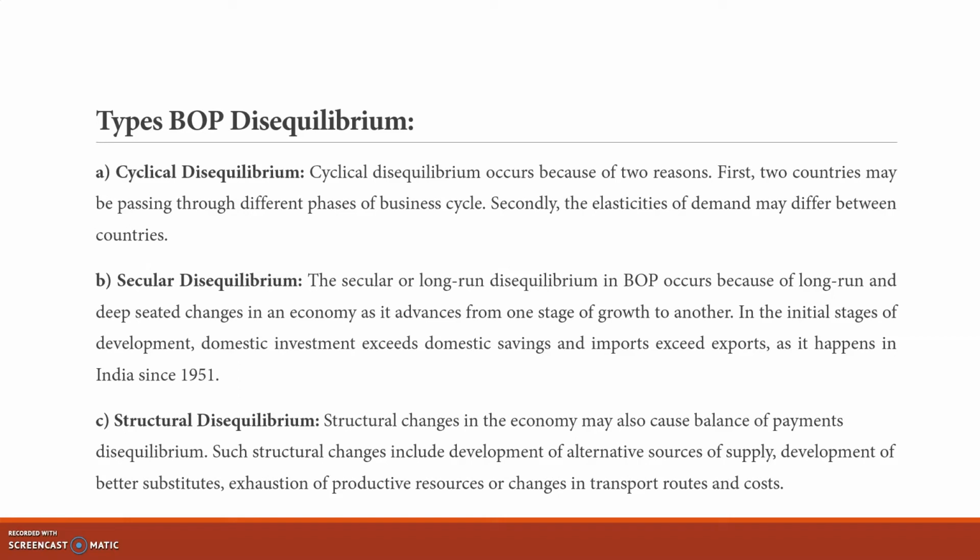Then exhaustion of productive resources. Exhaustion என்னன்னா complete utilization, நம்மகிட்ட இருக்கக்கூடிய resources-ஐ நம்ம முழுசும் பயன்படுத்தணும். அதுக்கப்புறம் தான் we can think of importation. சரியா? Or changes in transport routes and cost, இதெல்லாம் structural disequilibrium அப்படின்னு சொல்கிறோம்.